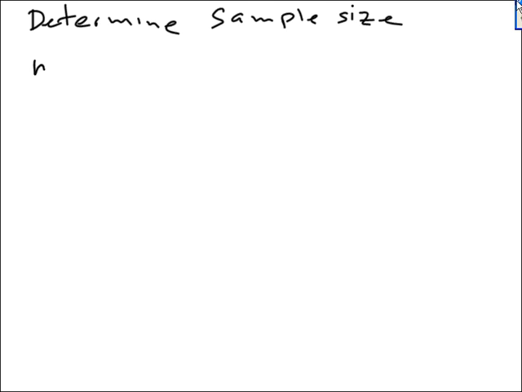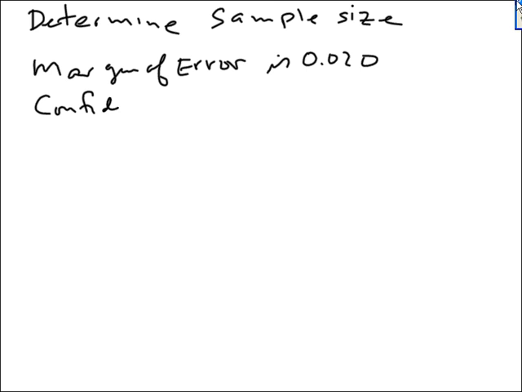Suppose I tell you that the margin of error, that is E, is 0.020, and that the confidence level is 95%. And that's all I tell you. I say determine the sample size. So p hat and q hat are unknown.